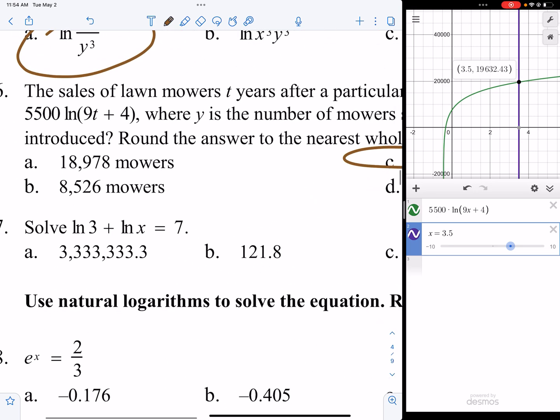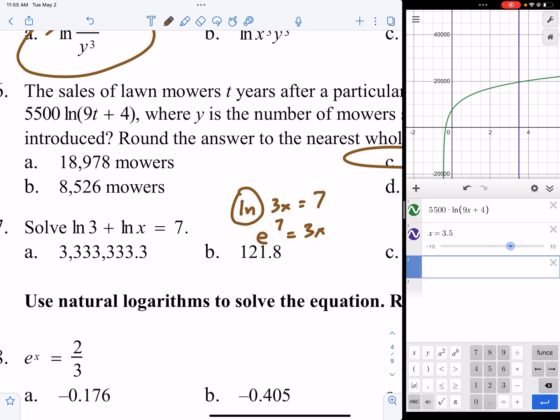Okay. ln of 3x equals 7, okay? So you change natural log to e, so e to the 7 equals 3x, okay?